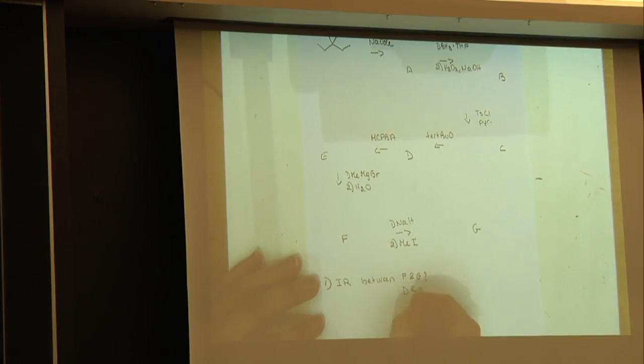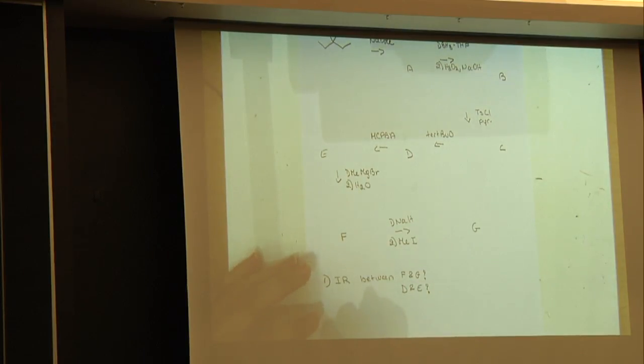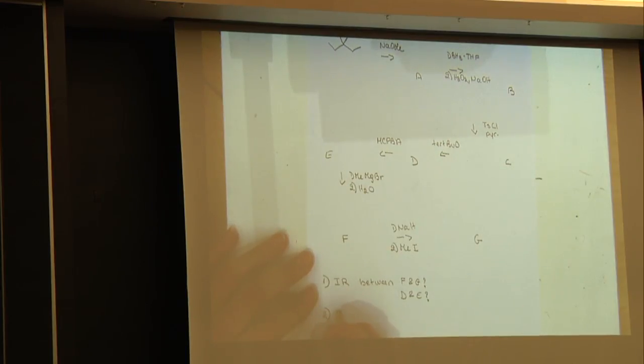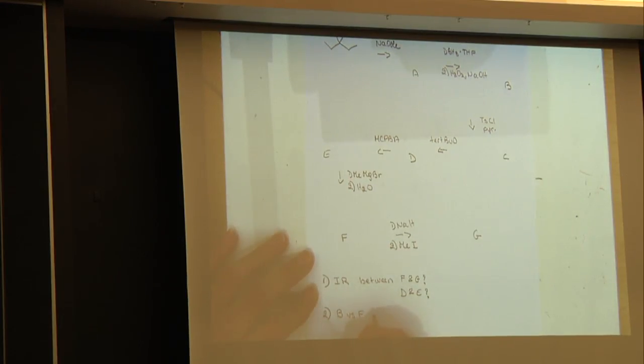D and E. Then 2. B versus F. Should I use IR or mass spec?